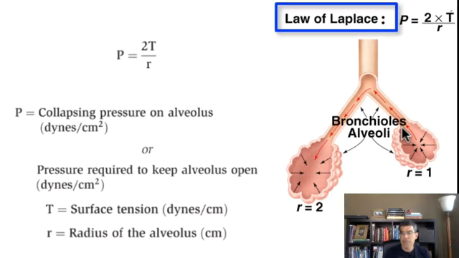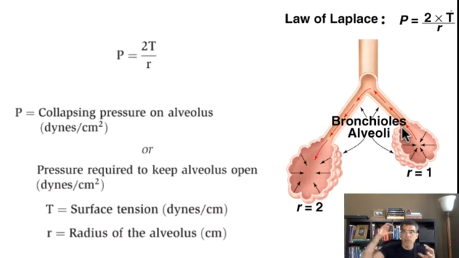Laplace came and said, okay, how much force do I have to apply to this alveolus to overcome the surface tension? Here in this formula, surface tension is shown by T. Clearly, the smaller the radius, the bigger the force needed. In other words, when you have a smaller alveolus, you have to apply more force.